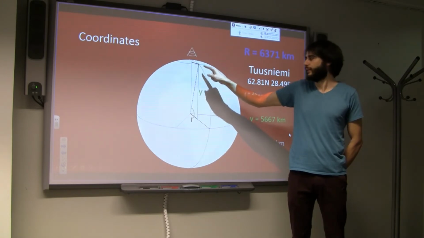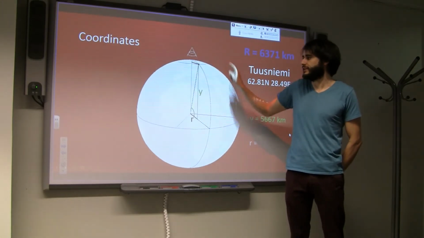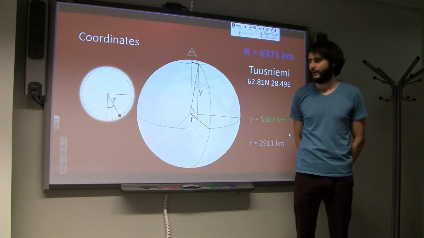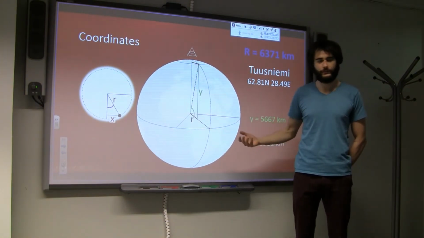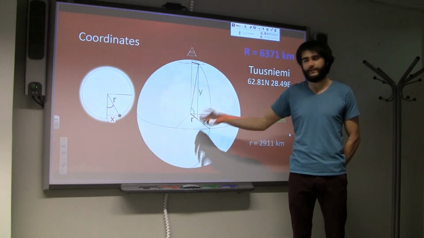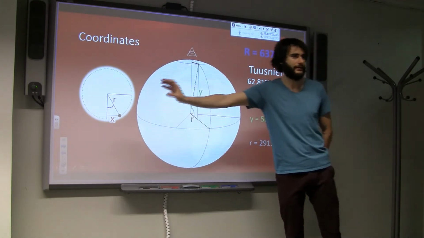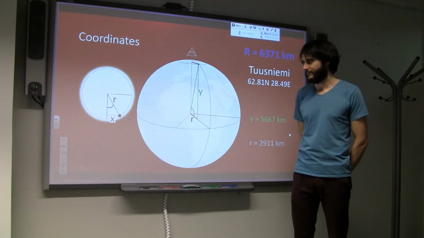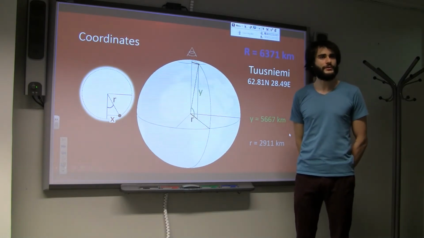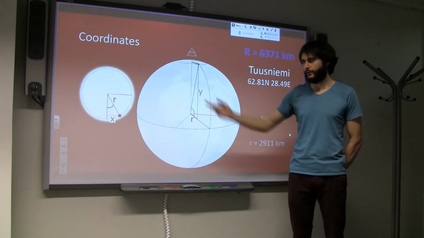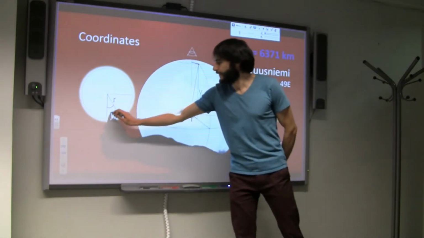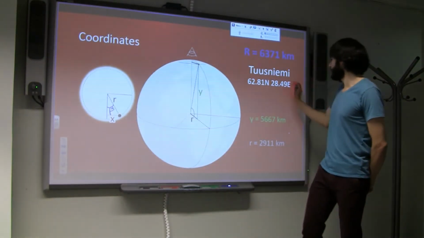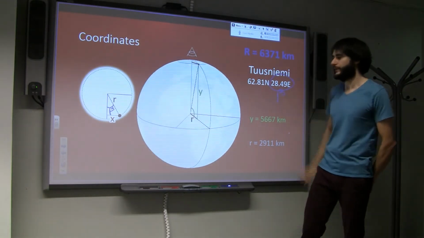In this small circle that I'm seeing from the top, we can now find out the x value, which is going to be the same as the x value on the big one, but I'm focusing on the small example here. If we now know the small r, the angle here, let's call it beta, is the longitude angle, so we know it.